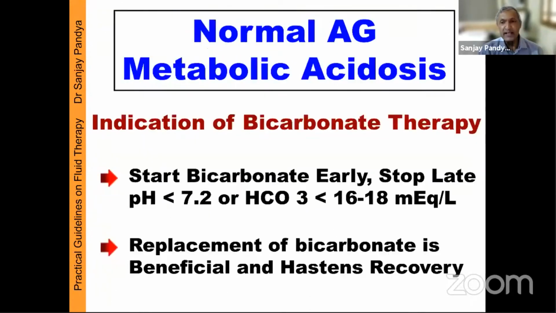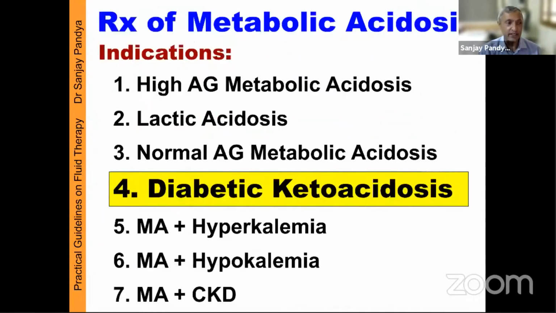Now, normal anion gap metabolic acidosis, like in a patient with diarrhea: it is indicated early and should be discontinued late. It should be started even with a little lower pH, or when bicarbonate is less than 16 to 18. Replacement of bicarbonate is very important. It's beneficial and hastens the recovery.